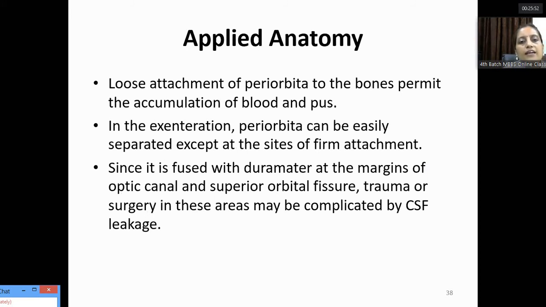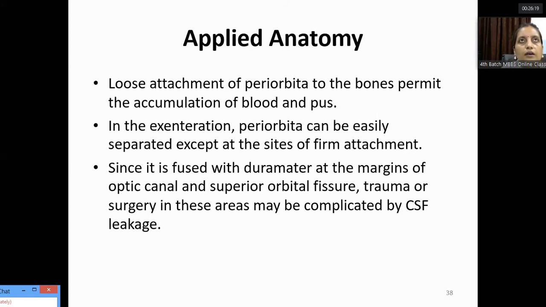The loose attachment of the periorbita to the bones permits accumulation of blood and pus, so any trauma or infection can easily accumulate in that space. Exenteration is a destructive surgery where the whole eyeball is removed along with the orbital contents, and we do it when we cannot save the eyeball.